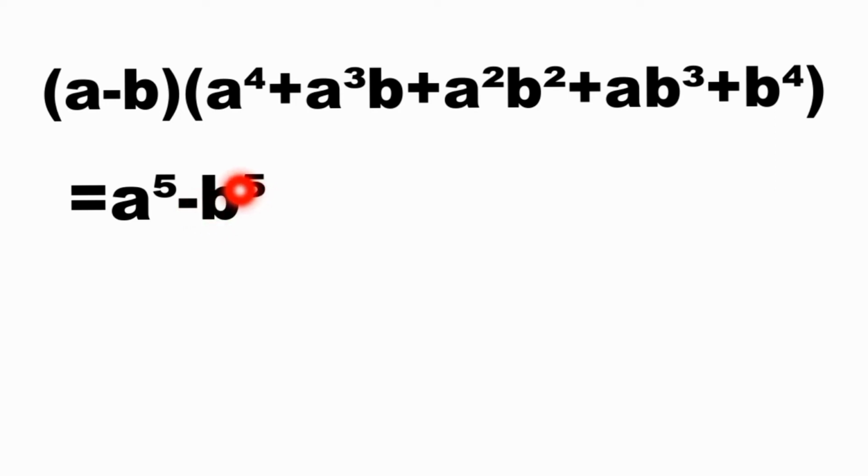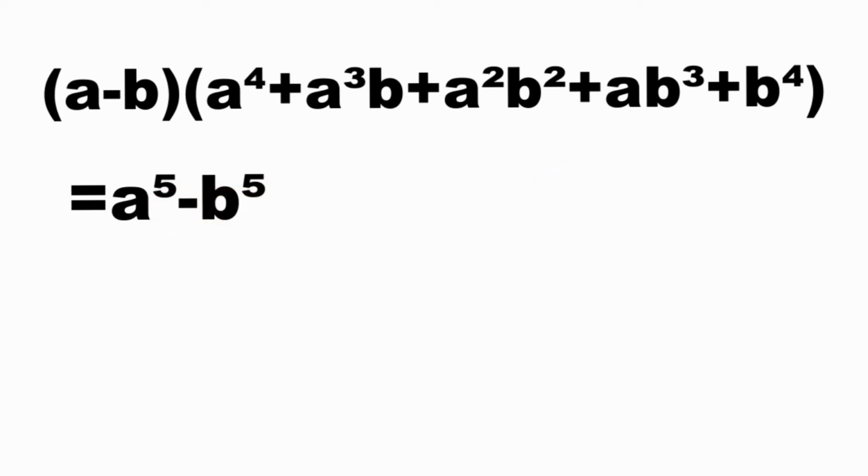So the long process of multiplication is now just shortcut by the two terms, two odd powers, 5 and 5, all are in exponent 5, which is an odd number.